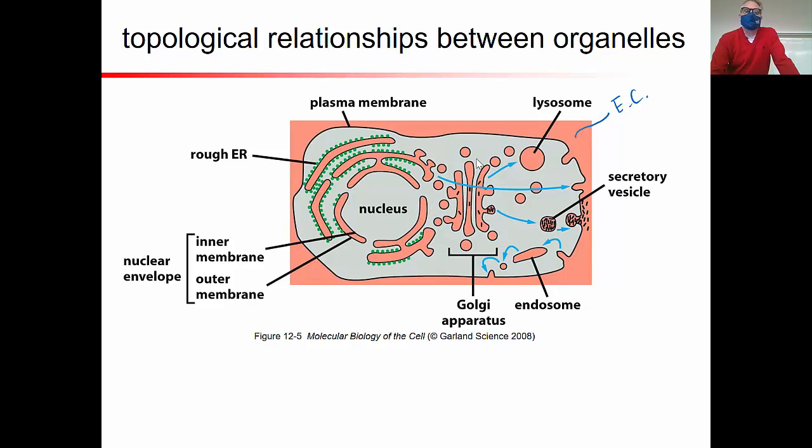And what we can see is the kind of chemical equivalents include that space surrounding the nucleus, which becomes the endoplasmic reticulum, which is an organelle we'll be looking at today or Tuesday. The Golgi, lysosomes, endosomes, these all have a similar, what we call a topology or chemical composition to the extracellular environment. And we'll see why that's important in the coming weeks.